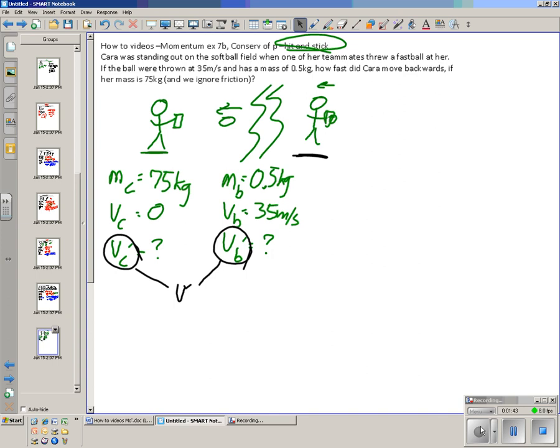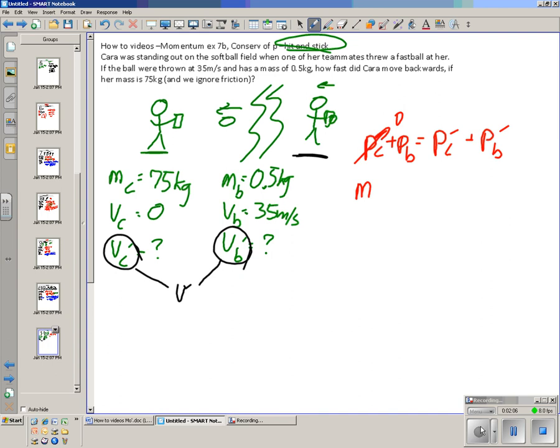So I am just going to say that these are V prime, and we'll see why that's so important in just a moment. We use our standard conservation of momentum equation. Momentum of Kara plus momentum of the ball is equal to momentum of Kara prime plus momentum of the ball prime. Now, Kara's initial momentum is 0, so that's kind of handy.